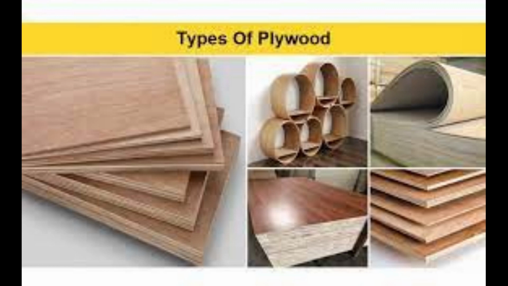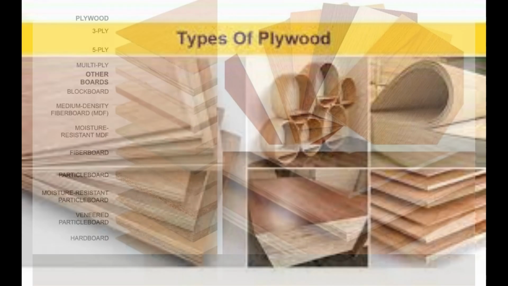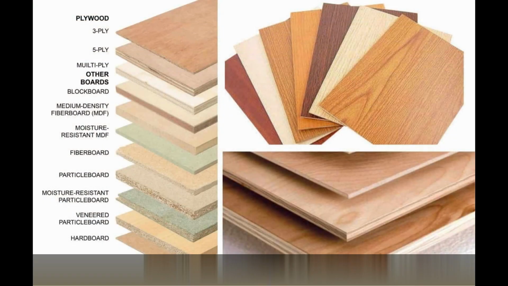First is softwood plywood, which is usually made of cedar, Douglas fir, spruce, pine, and fir, or redwood, and is typically used for construction and industrial purposes.